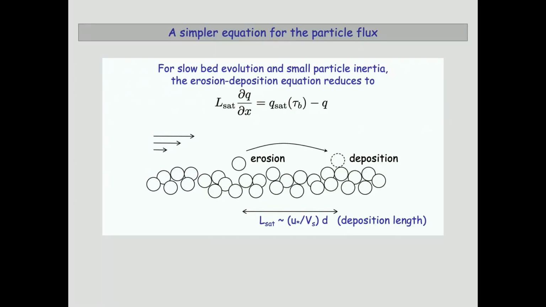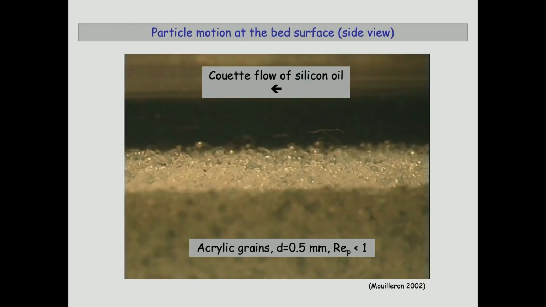And what is new in this equation is this inhomogeneous term, because previously people were taking a particle flux which was always the equilibrium flux under the shear stress, the bed shear stress.